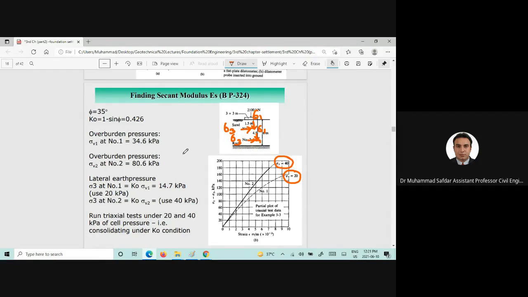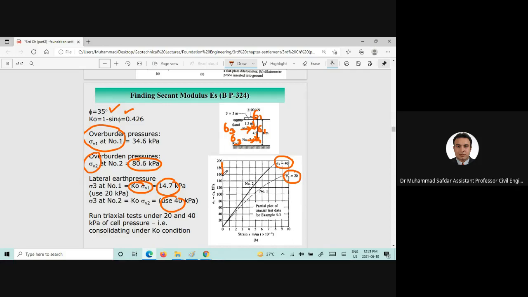A method is shown here: if you are given the friction angle and K0 condition, and you want to find the overburden pressure at point A, that would be 34.6 kilopascal. Overburden pressure at 4.5 meters would be 80.6 kilopascal. Now the lateral earth pressure, we can simply multiply, which we already understood in Geotech 2. So we will come up with 14.7 kilopascal and 40 kilopascal for point 1 and point 2 respectively.